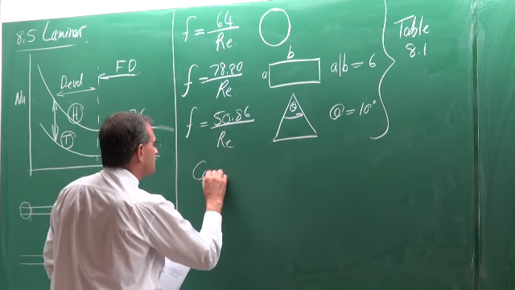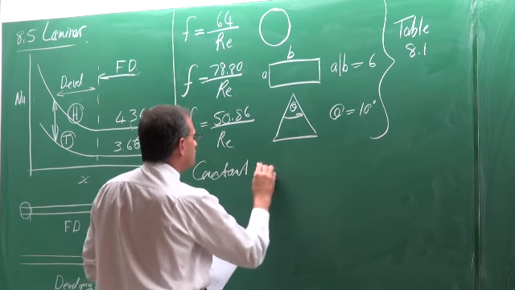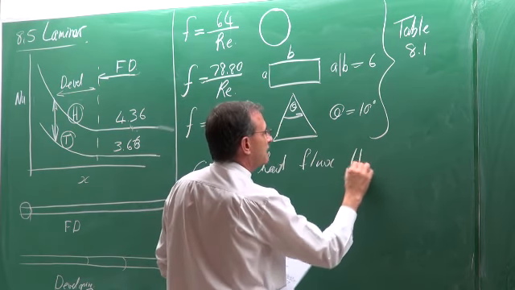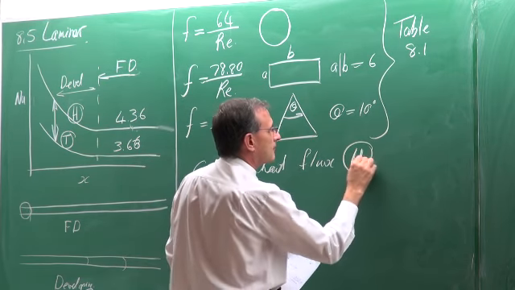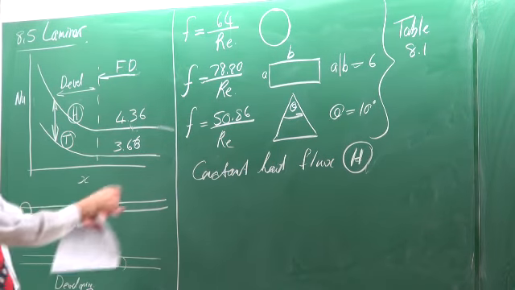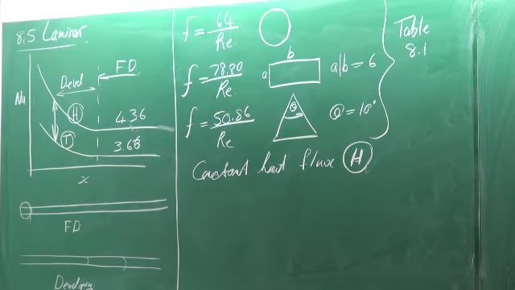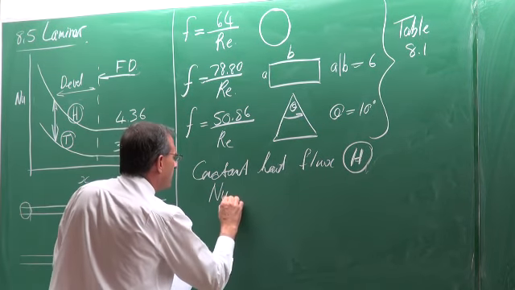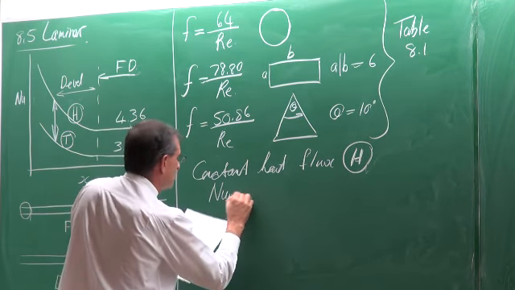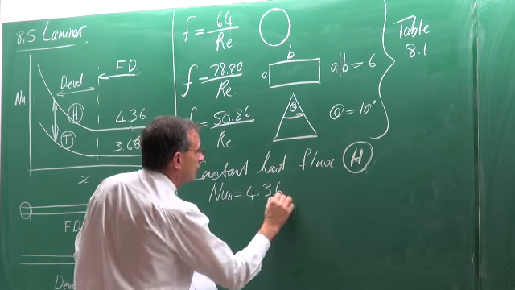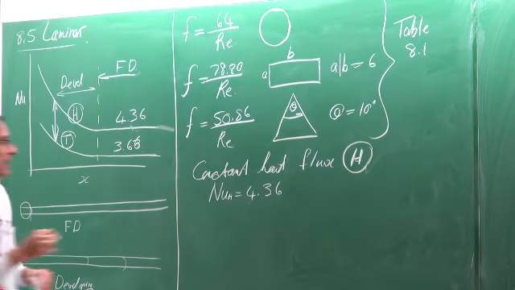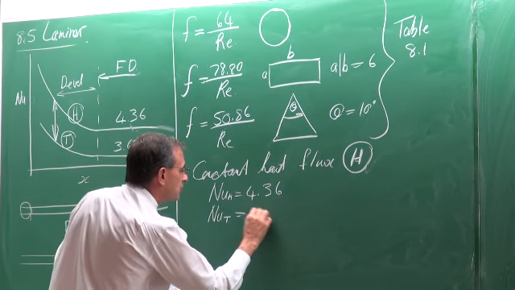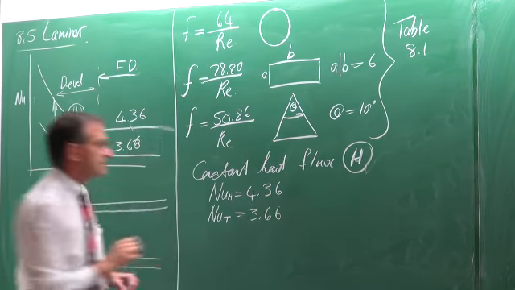Now, let's just summarize for a constant heat flux. For a constant heat flux case, that is H. In many cases, we will use the Nusselt number with a footnote H. Then the Nusselt number for laminar flow would be equal to 4.36, and the Nusselt number for a constant wall temperature would be equal to 3.66.